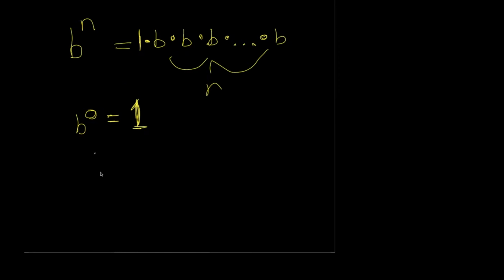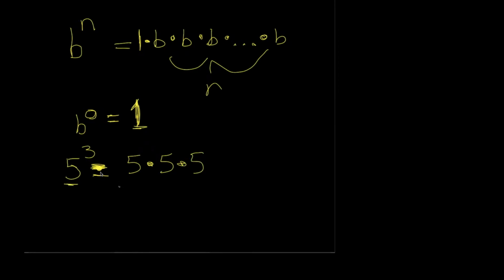Okay. Well, let's look at some examples here. So, if I'm talking about 5 to the 3rd power, or 5 exponent 3, that is equal to 5 times 5 times 5.